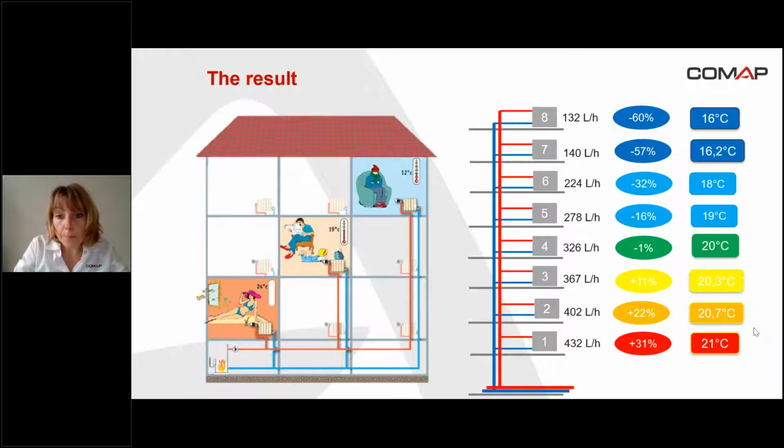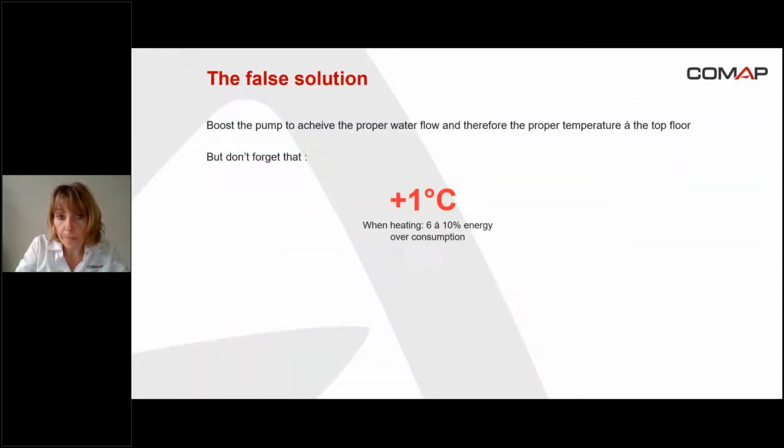So what happens in these conditions? The tenant at the top of the building is complaining, and the solution many times is to boost the pump. But it's not the right solution. If we boost the pump, of course, we are going to increase the flow and increase the heat provided to the apartment.